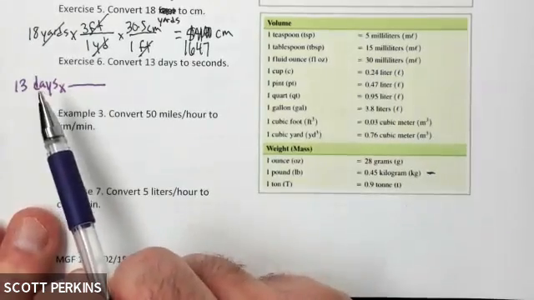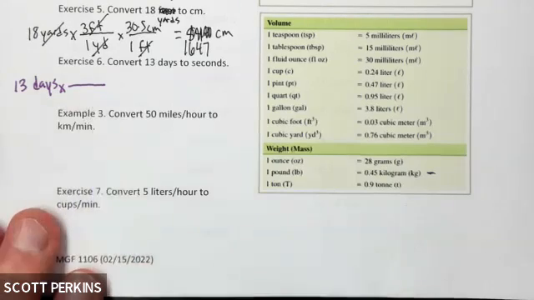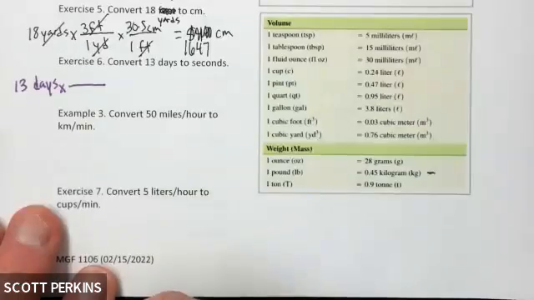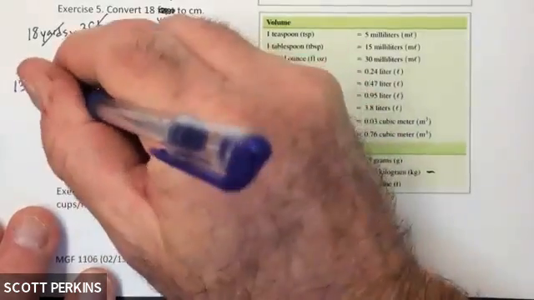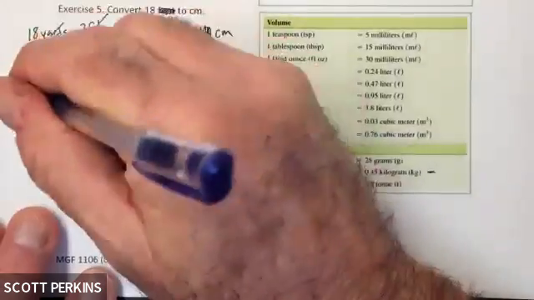So looking up at the chart that we have, the first thing I can convert days into is hours. Now again, if you know the direct conversion from days to minutes, or how many minutes are in a day, that's great, but I don't have that off the top of my head. So I'm using the chart, so days to hours. In 1 day, there are 24 hours. So that gets rid of the days.